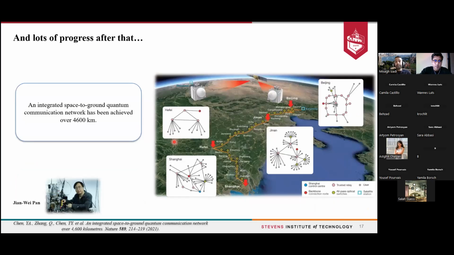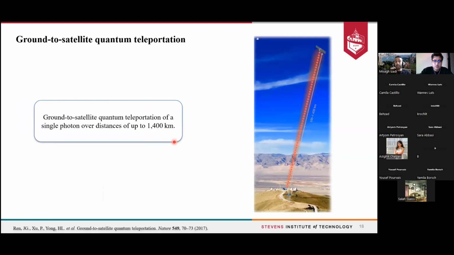After that, lots of progress happened. For example, some recent groundbreaking progress: Chinese scientists built a space-to-ground quantum communication network for more than 4,000 kilometers. Ground-to-satellite quantum teleportation of a single photon also happened, for more than 1,000 kilometers.